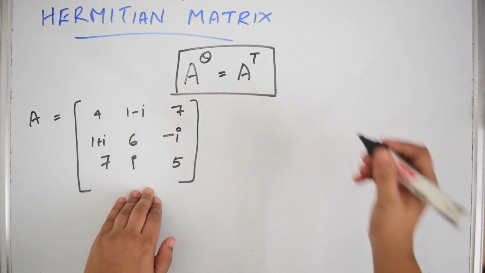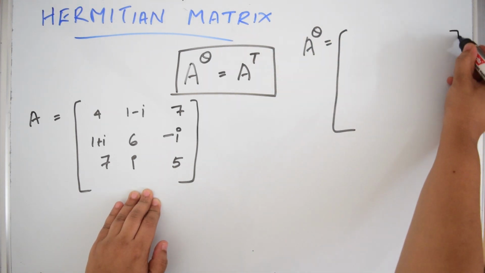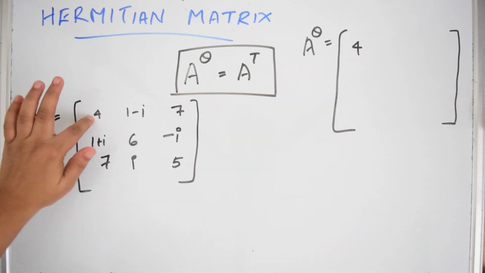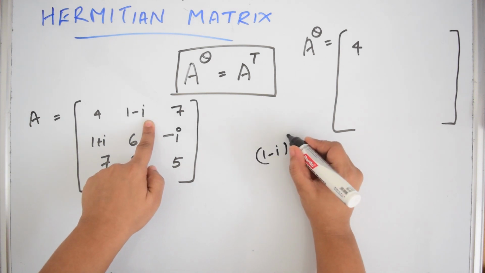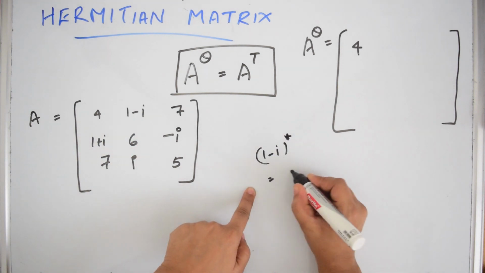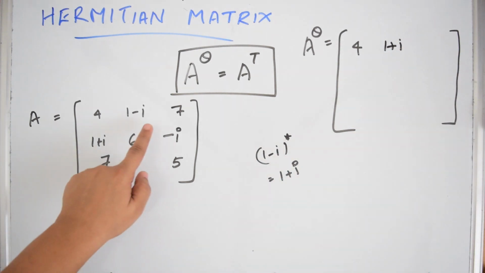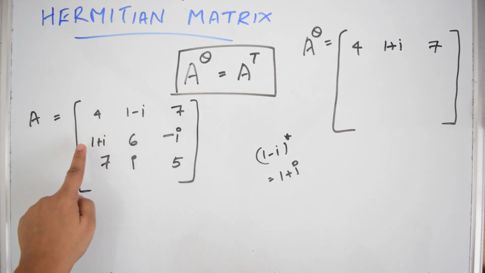Now what is A conjugate of this matrix? 4, we can write it like that. 1 minus i, 1 minus i conjugate will be equal to 1 plus i. Okay, so we can write 1 plus i here. 7 conjugate is 7 only.